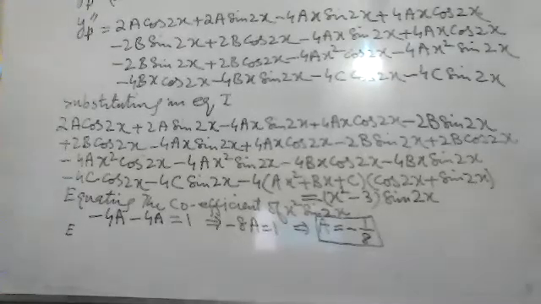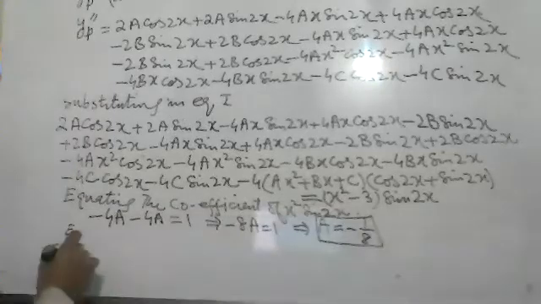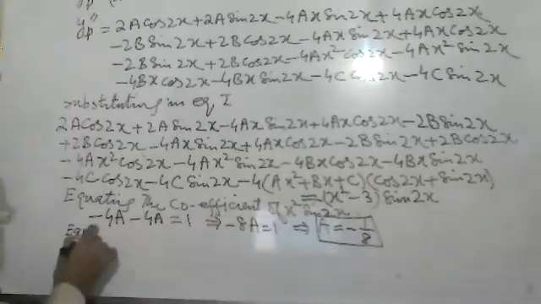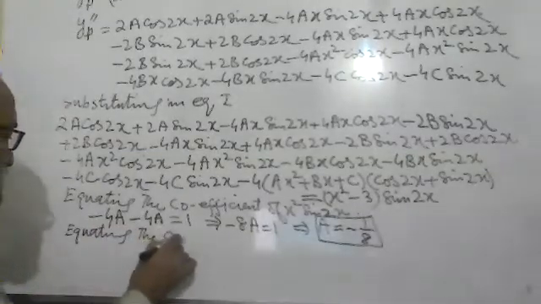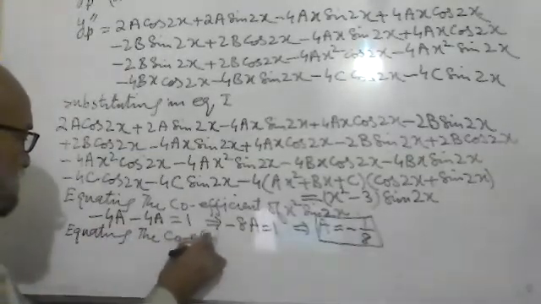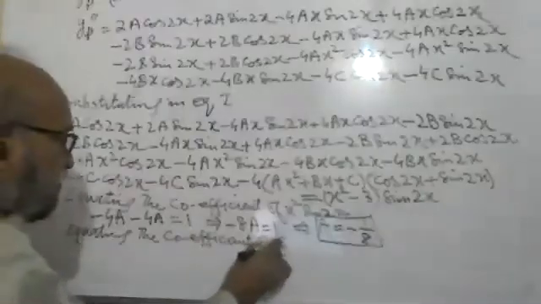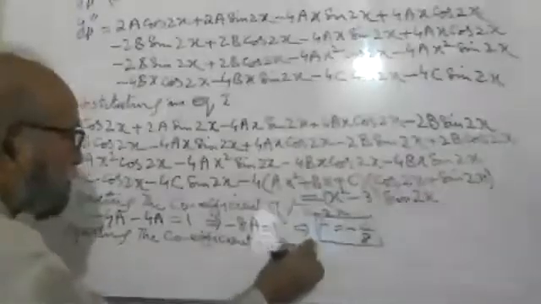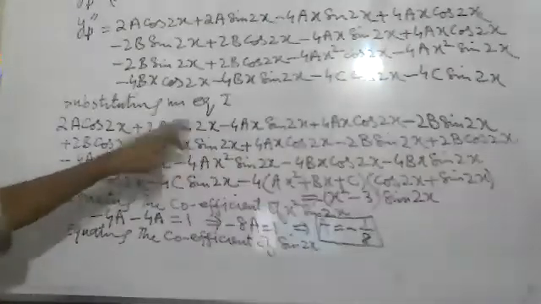Equating the coefficient of sine 2x only. On this side, when we open it, it will become minus 3 sine 2x. So this is 3. And here 2a sine 2x only, not x or x square.